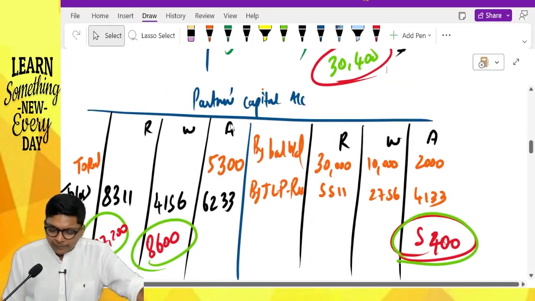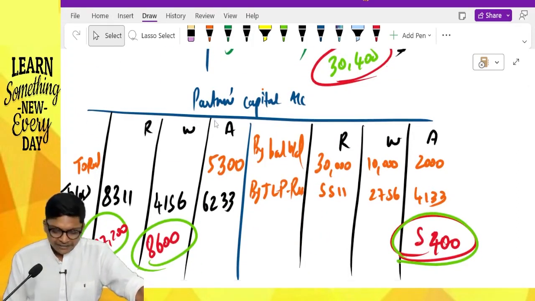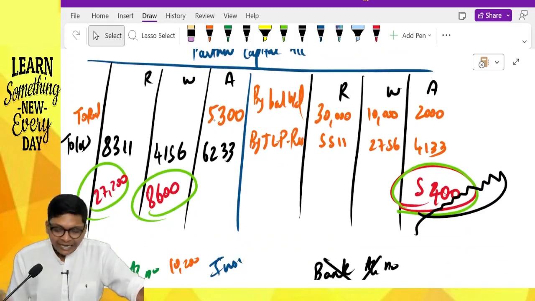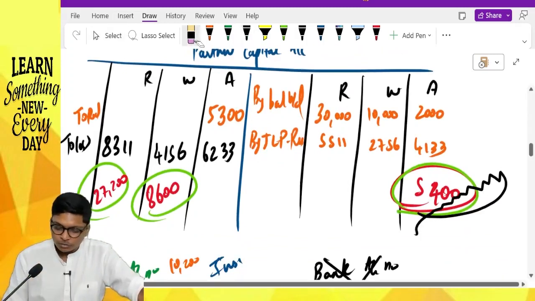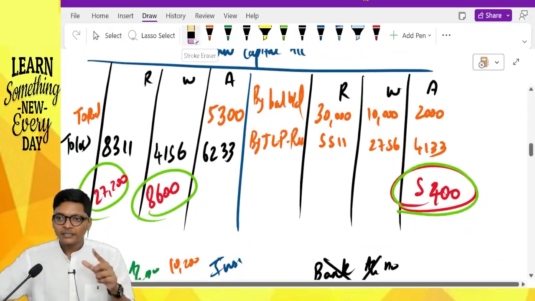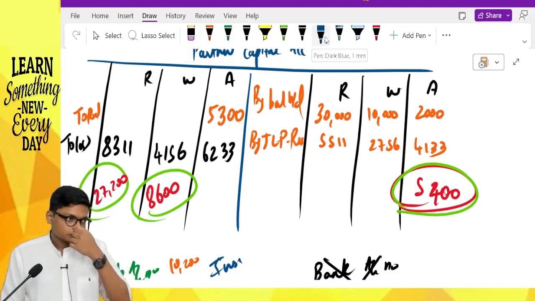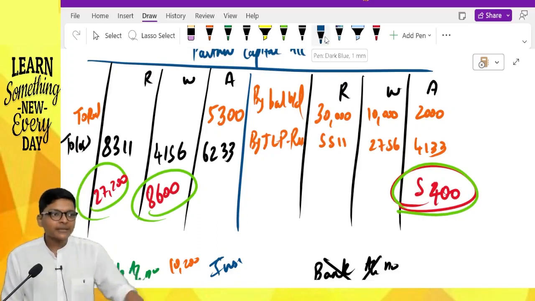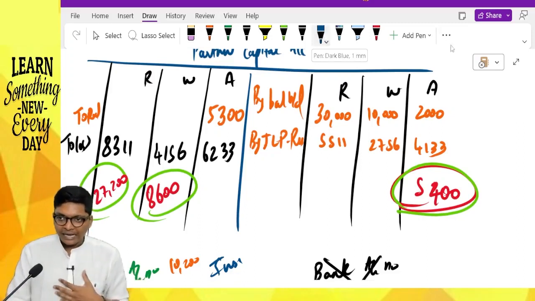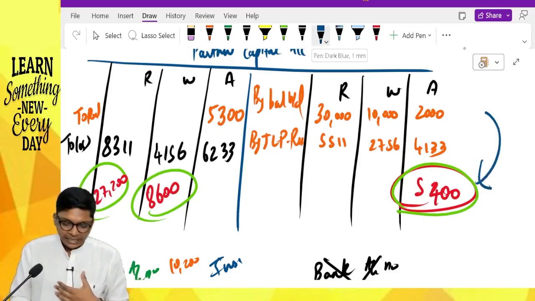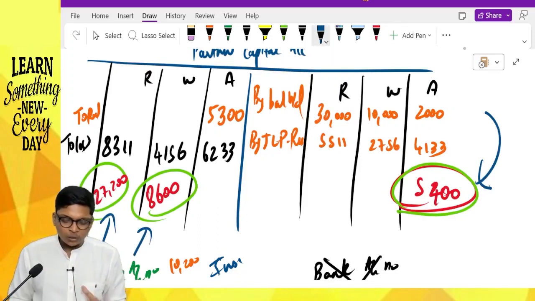How much will A bring in? 5,400. Add that also. How much did it become now? 35,800. Now minus 27,200 and 8,600. It became 0. That means A will bring in 5,400, and I will pay R and W 27,200 and 8,600.